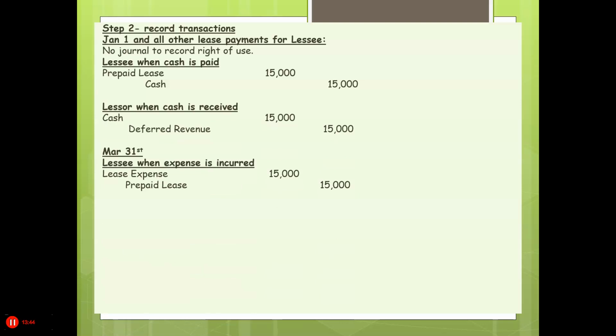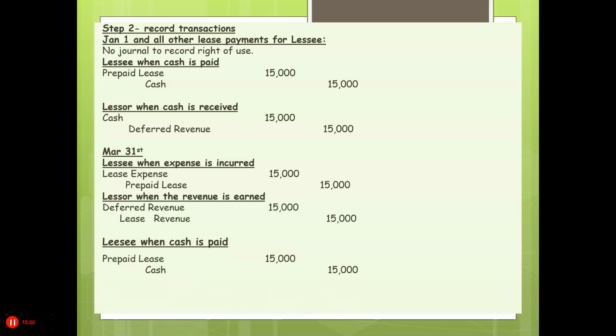On March 31st, they're going to book the expense for the January payment, and the lessor is going to record the revenue. And then they're going to record their next payment when they pay the cash for the lessor and the lessee. So that concludes how you treat an operating lease, whether it's for greater than a year or a year or less.